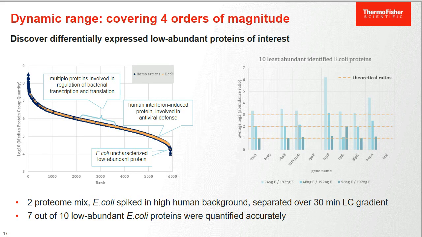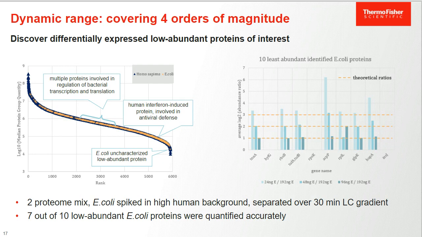Then there were human interferon proteins involved in antiviral activity that were also identified. On the far right-hand side, we have identified the lowest abundant E. coli proteins. So in order to characterize how our method performed for the quantitation of the lowest abundant proteins, we chose the 10 lowest abundant expressed proteins in E.